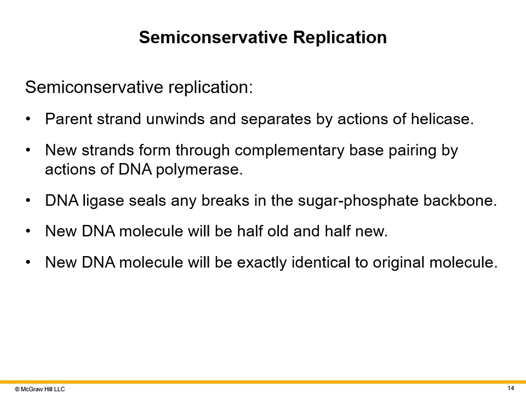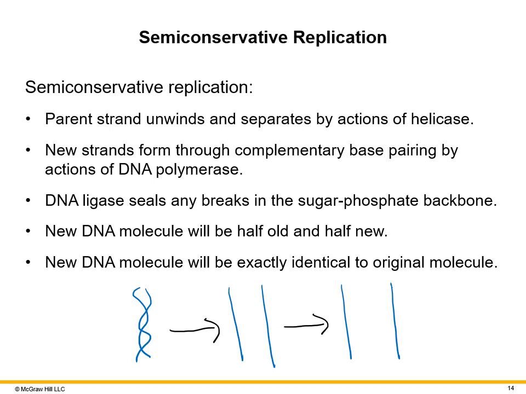To show a simplistic diagram here, we have the original parent DNA with 2 parent strands, but after DNA replication, well, first we need to separate those parent strands, and then during DNA replication, DNA polymerase is going to use those 2 parent strands as templates and add the new daughter strands.